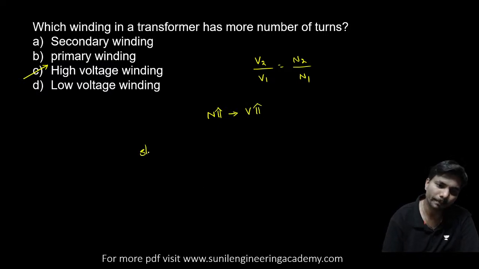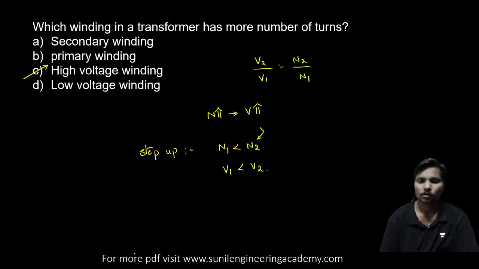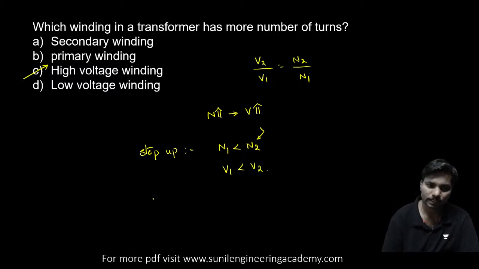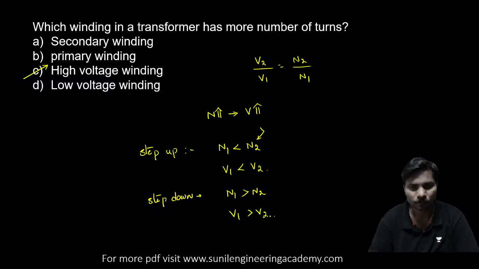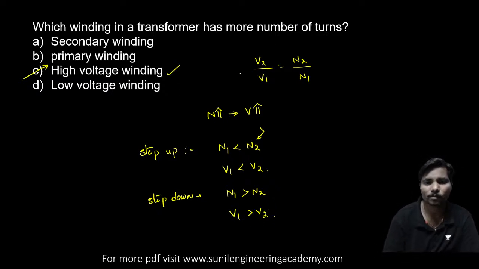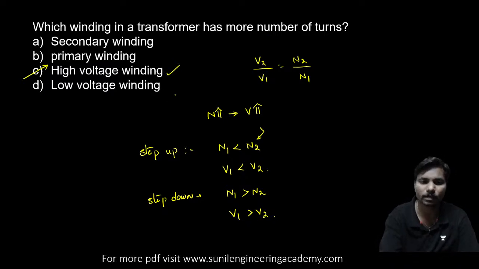In a step-up transformer, generally N1 will be less and N2 will be more, so because of the higher number of turns, the voltage values are also higher. In a step-down transformer, the primary winding has more turns than N2, so the secondary voltage is also low. So the high voltage winding has more turns and the low voltage winding has fewer turns.